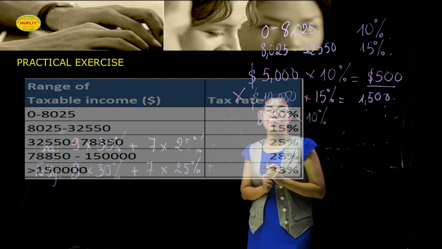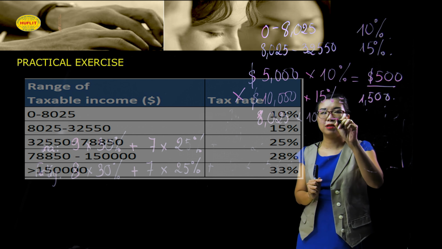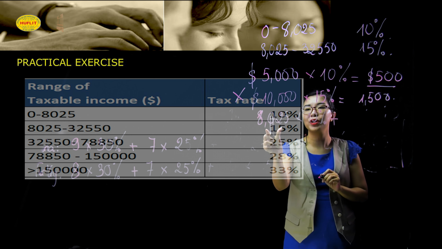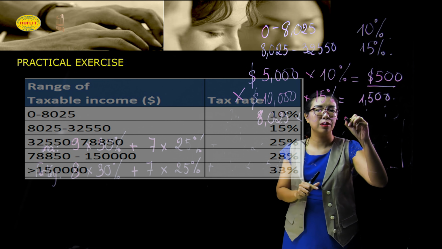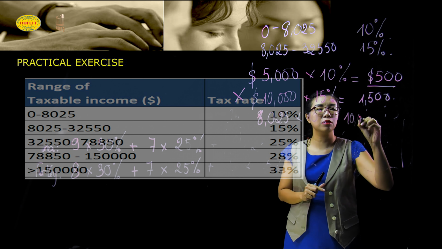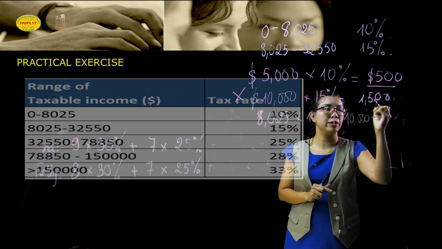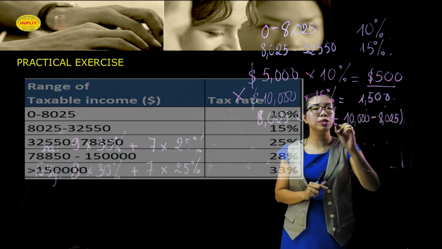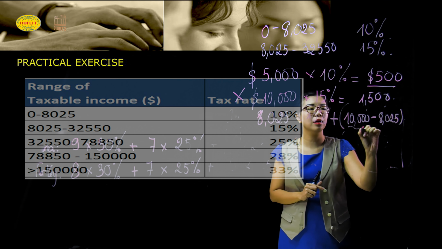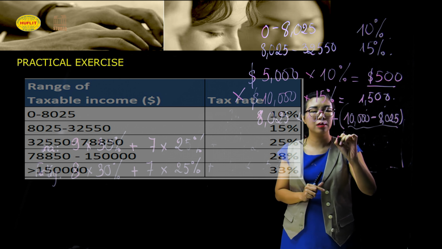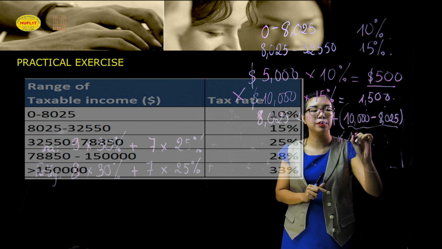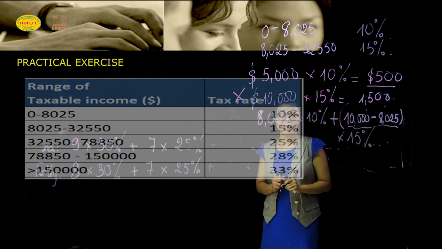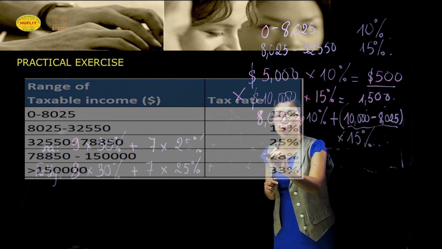All right, and then we pay for the difference between $10,000 and $8,025. The difference, $10,000 minus $8,025, we multiply with 15%. That is the tax we need to pay in total.